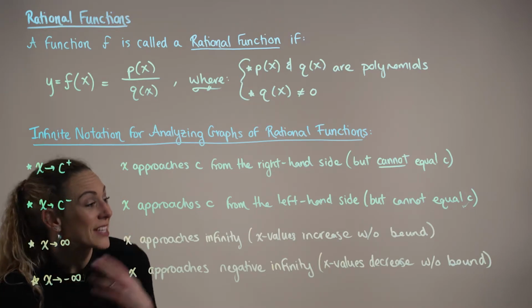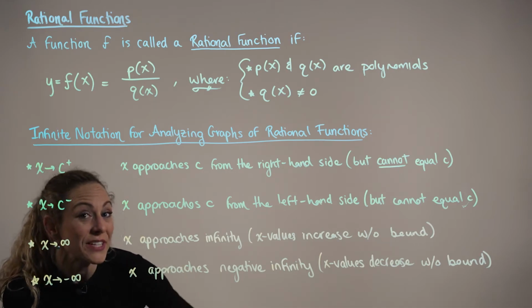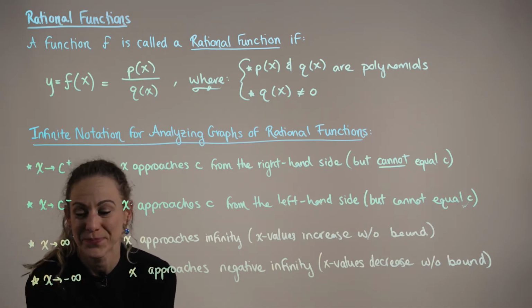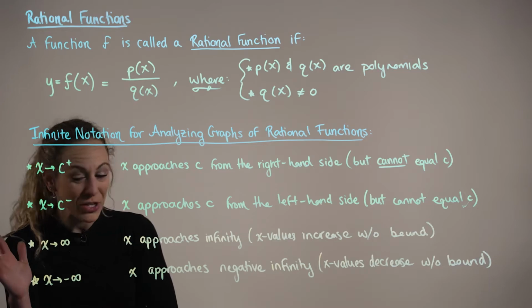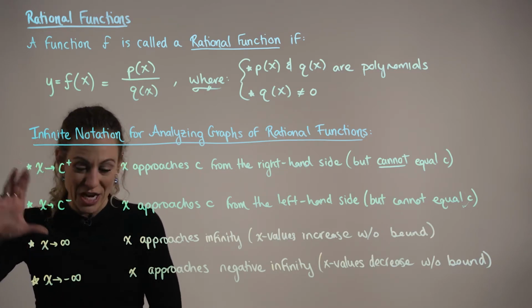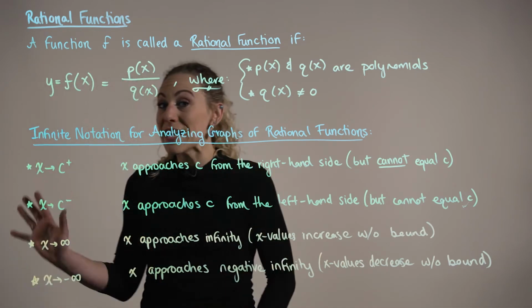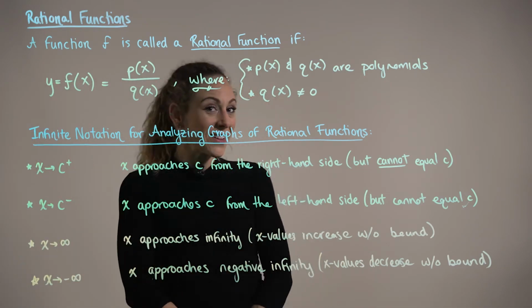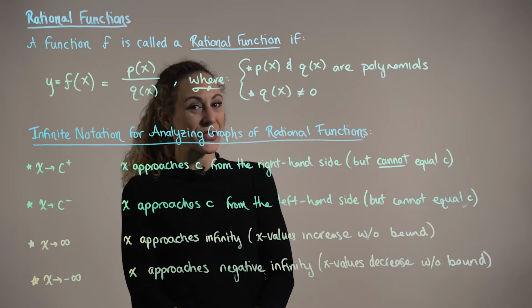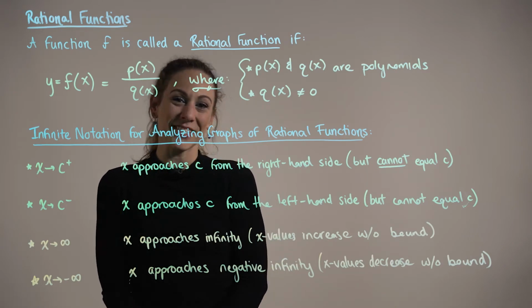In other words, the x values are decreasing without bound. Now that we have established this new infinite notation and reminded ourselves of other infinite notation, let's apply this to analyzing the graph of a familiar rational function, the reciprocal function.